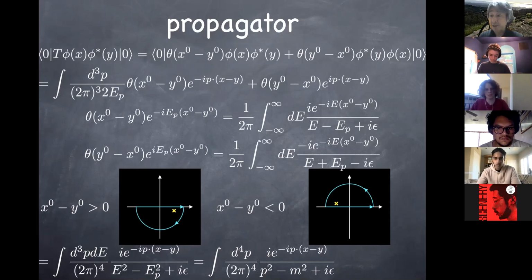And this already contains a sum of the two. So that's why using the propagator is a useful thing to do. You don't need to compute two different diagrams for two different time orderings separately, but using the propagator, you can combine them together into a single diagram. And that's, of course, a lot easier.